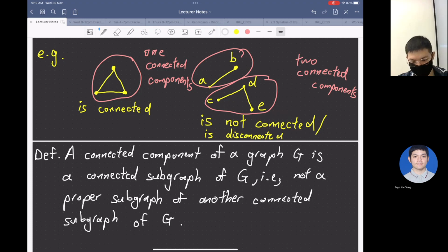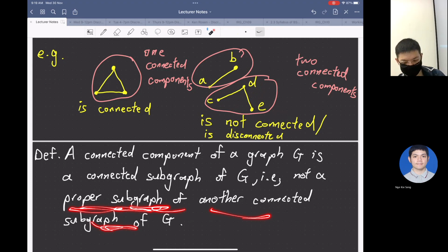Otherwise, you would say that CD is a connected component. But it can't be a proper subgraph of another connected subgraph.